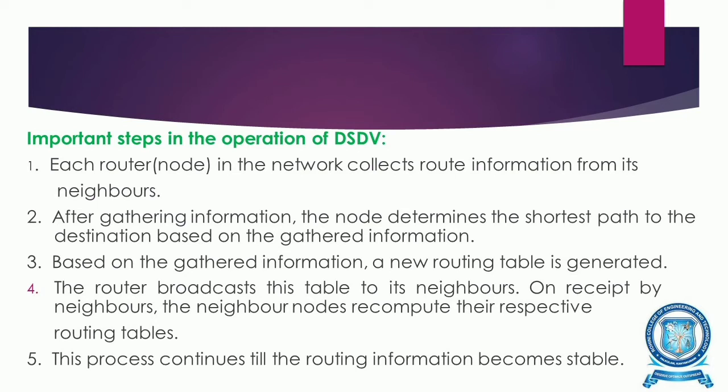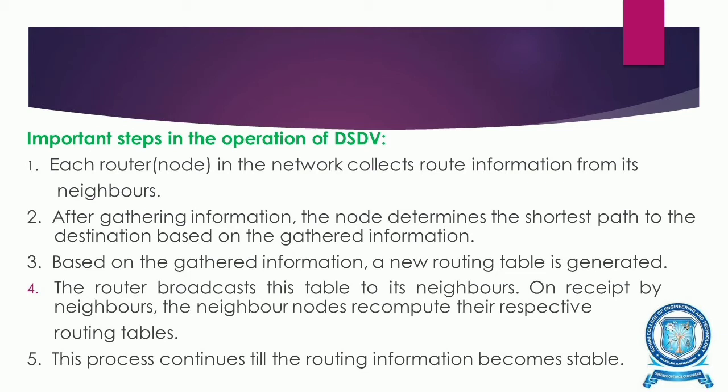Important steps in the operation of DSDV: each router, also called a node in the network, collects the routing information from its neighbors. After gathering all the information, the node determines the shortest path to the destination based on the gathered information. So it takes only the shortest path.